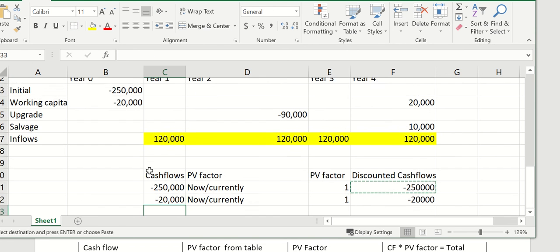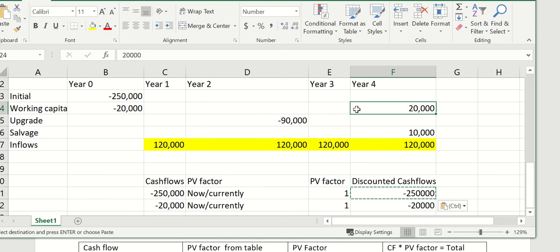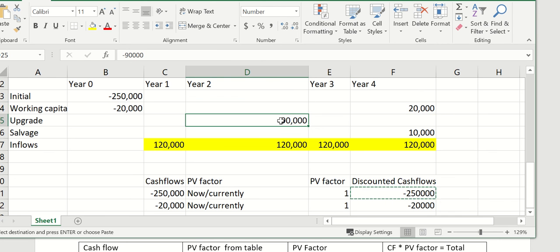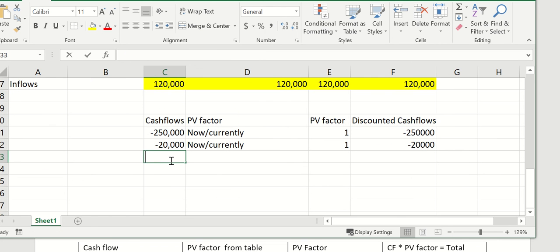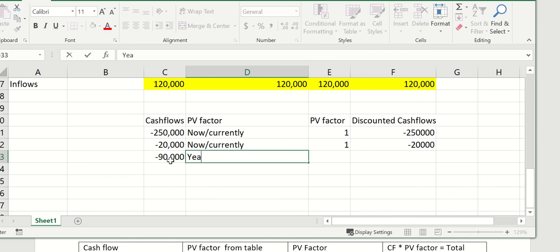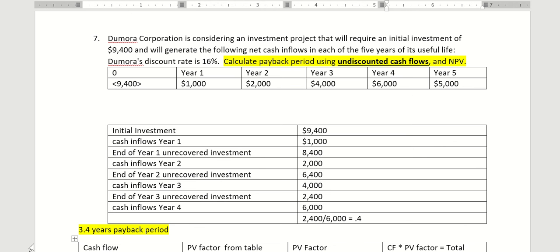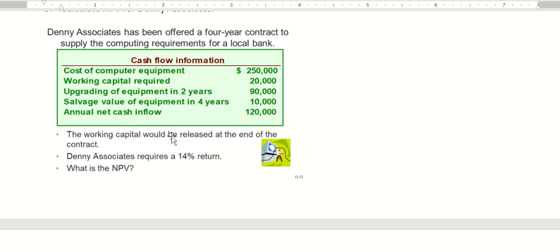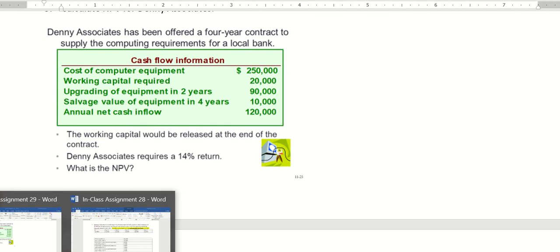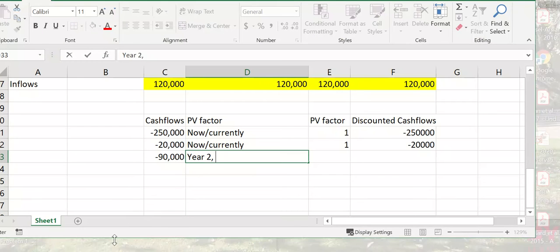Then year 2, sorry. Year 2, 90,000 outflow. Our discount rate, I don't remember our discount rate. Our discount rate was 14%, so let's use that 14%.